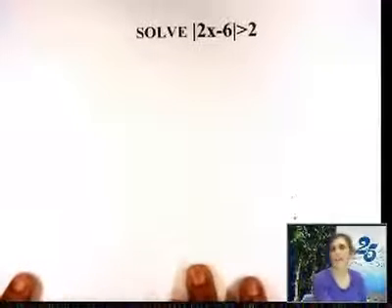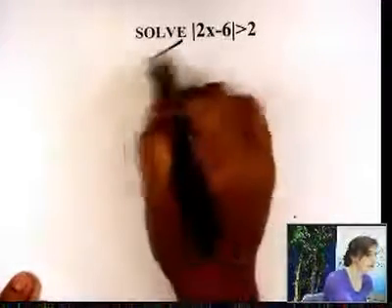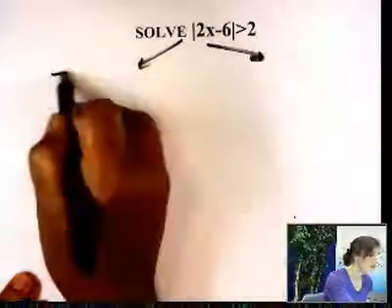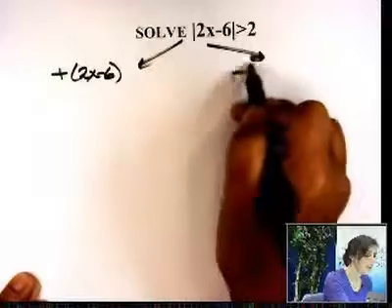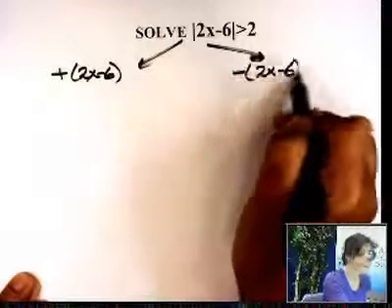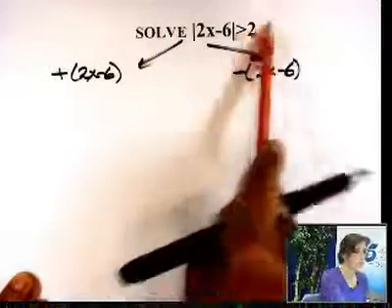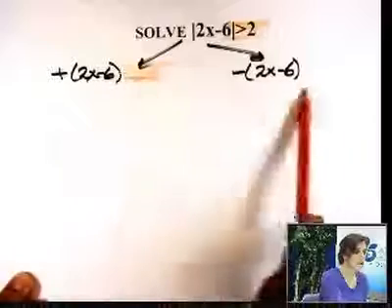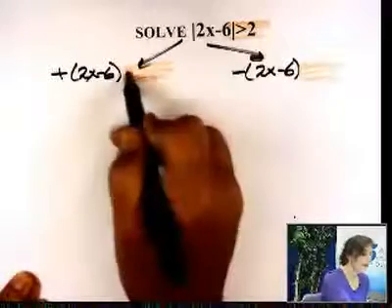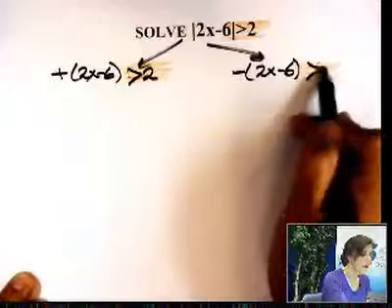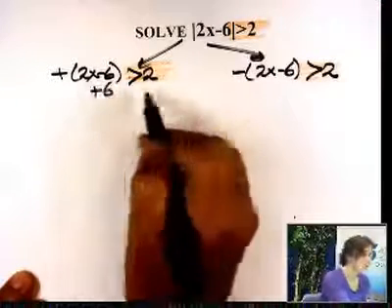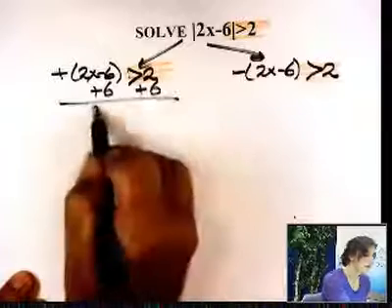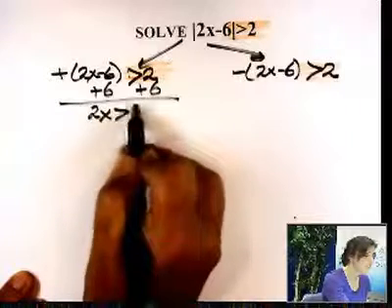All right. So let's do this problem. 2x minus 6 greater than 2. Two parts. Plus, 2x minus 6, minus. This part doesn't change. Greater than, greater than. Let's work it out. Add 6 on both sides. You have 2x greater than 8.